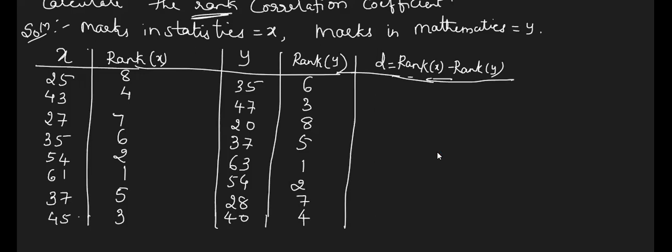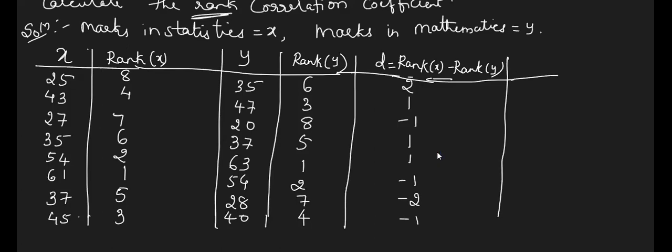So what you'll get? 8 minus 6, 2. Similarly, 4 minus 3, 1. Next, 7 minus 8 is minus 1. 6 minus 5 is 1. 2 minus 1 is 1. 1 minus 2 is minus 1. 5 minus 7 is minus 2. 3 minus 4 is minus 1.